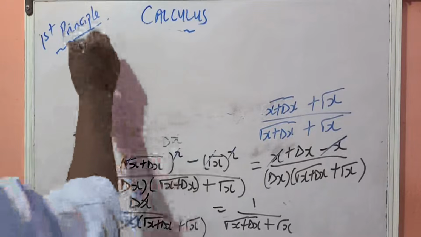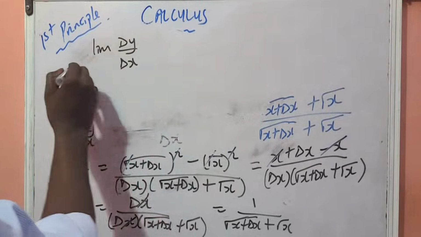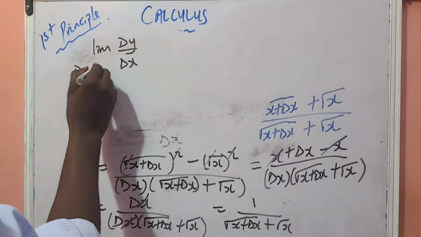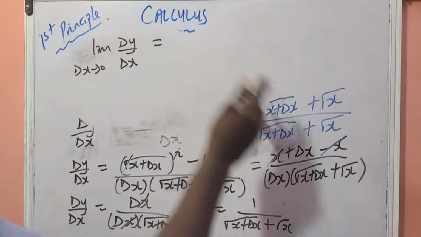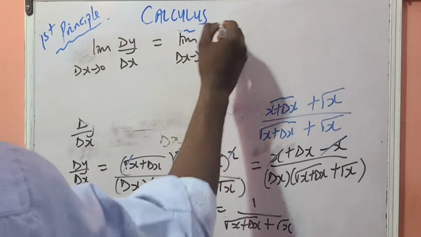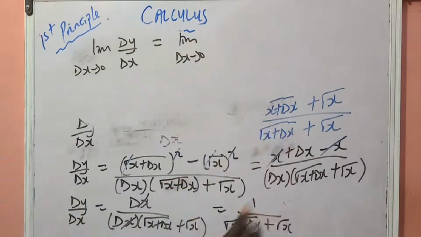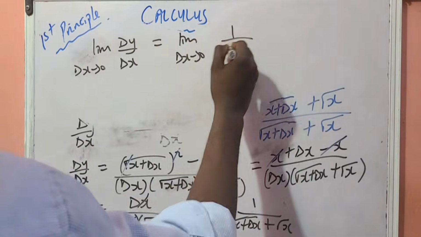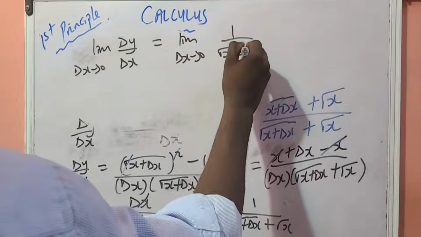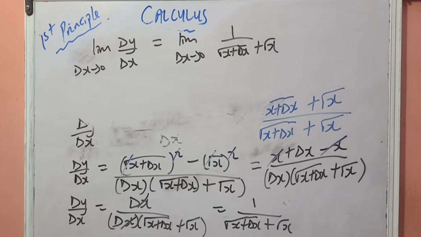So taking the limit of both sides, as change in x is tending to 0, you'll be having 1 over x plus change in x plus root x.